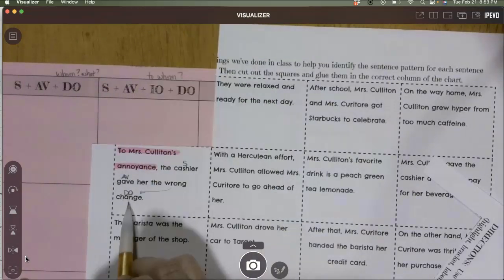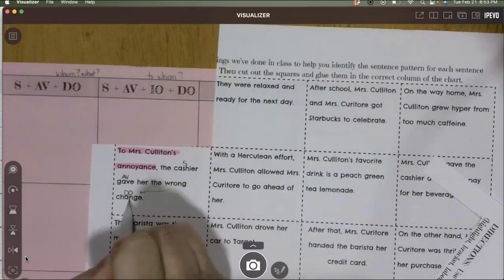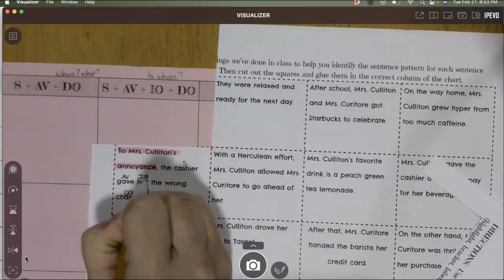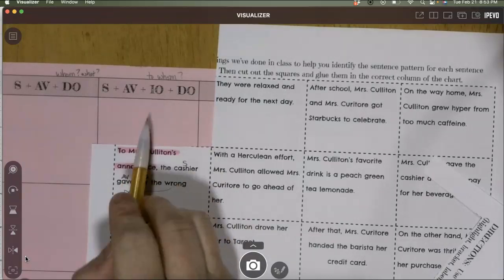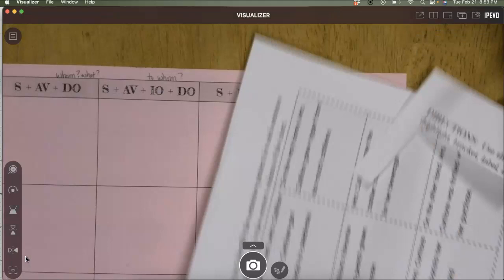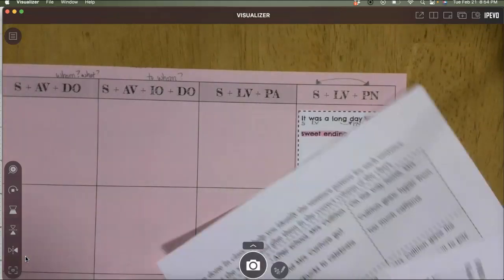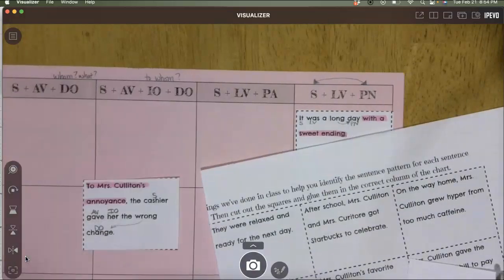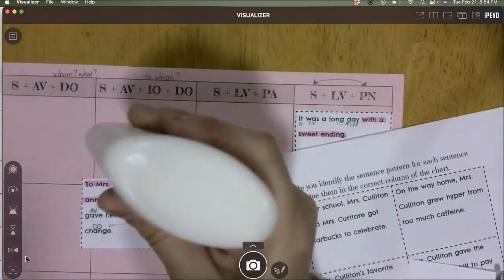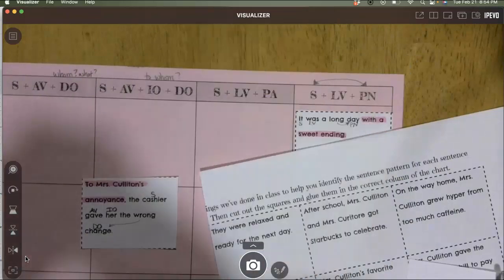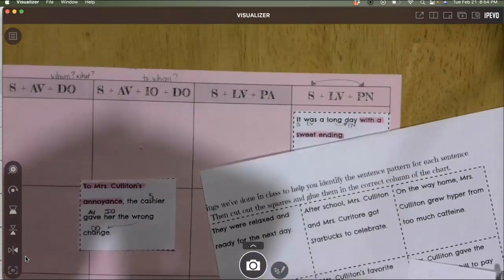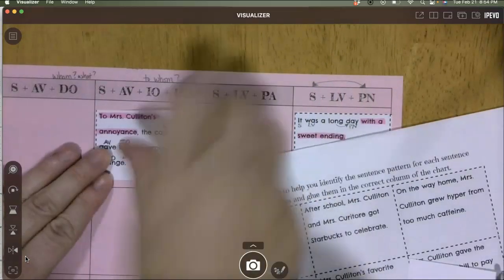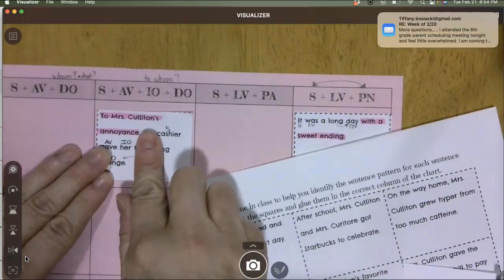She gave the change to whom? She gave the change to her. So I have an indirect object, and I'm going to cut this one out and glue it right here. That fits the sentence pattern, subject plus action verb plus DO plus IO. Again, watch the glue. Just a little dot. That's all you need, and it won't spill over the sides.